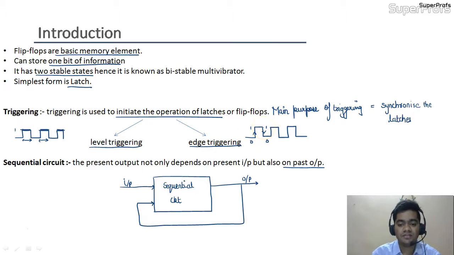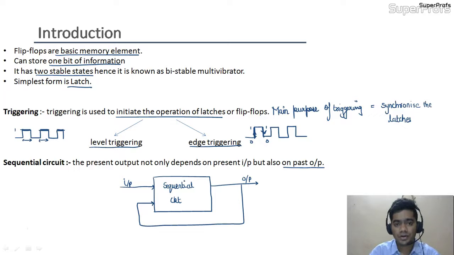If we affect the flip-flop when the clock pulse is rising from 0 to 1, on this edge, or on the falling edge, that is from 1 to 0, then it is edge triggering. It means we are manipulating the flip-flop during the falling or rising edge of a clock pulse.